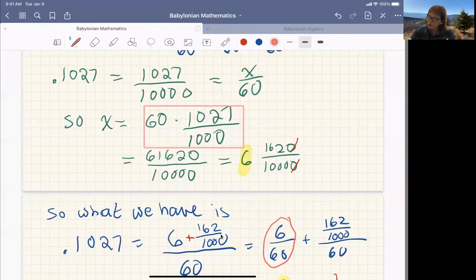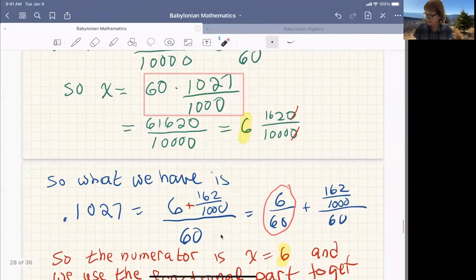So basically what I'm going to do is let X be 6 and then use the rest of this to figure out what comes next. So right now this calculation looks kind of messy, but we'll see why it simplifies after we do the next step.